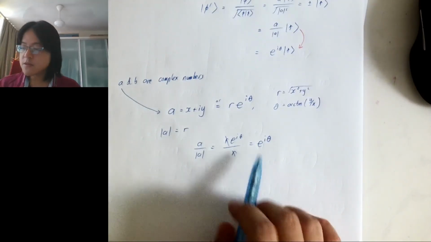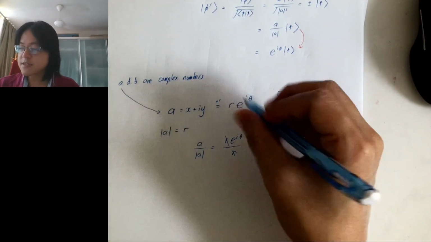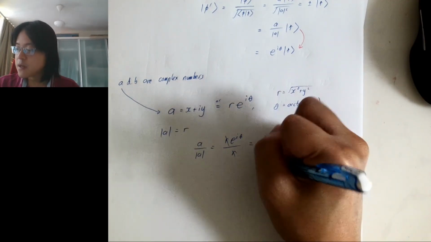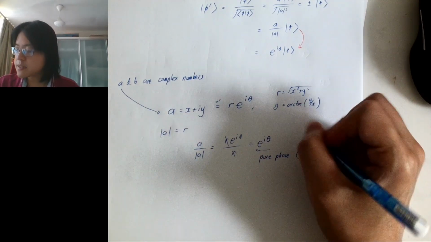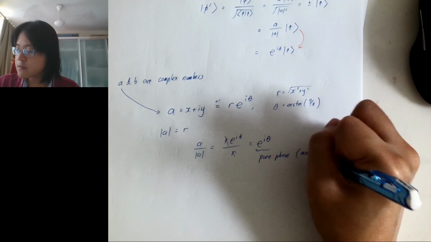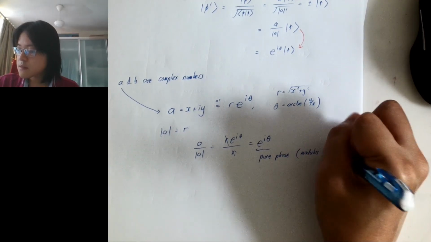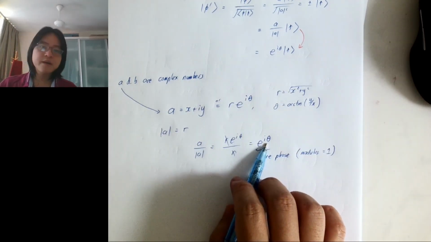Okay, so this is just a pure phase. We call this a pure phase because the absolute value is 1, so it only tells us something about the phase.